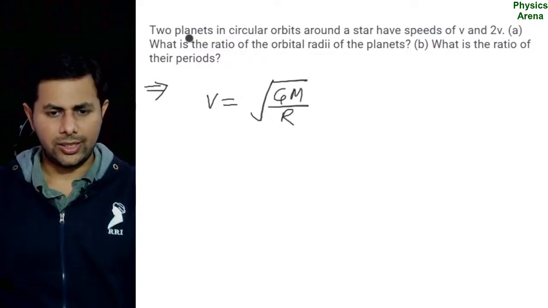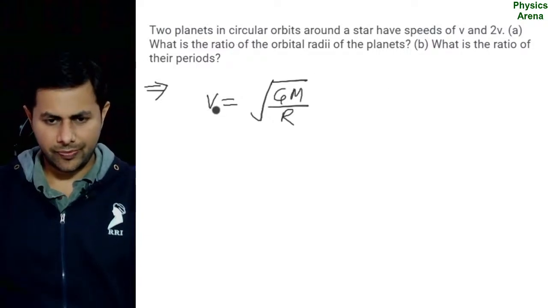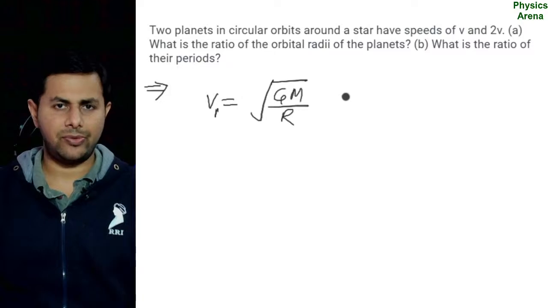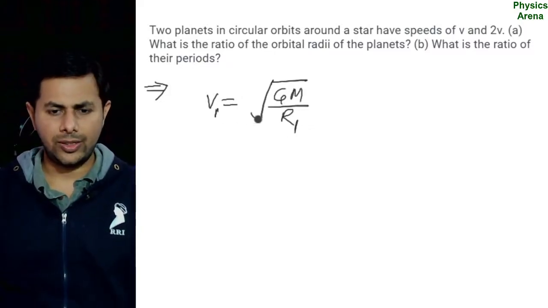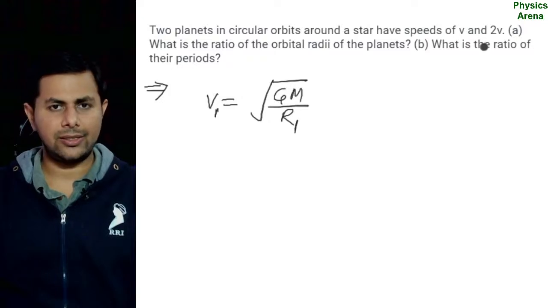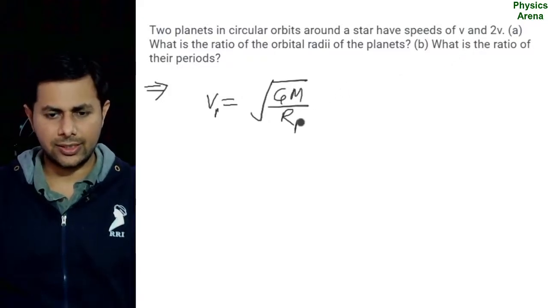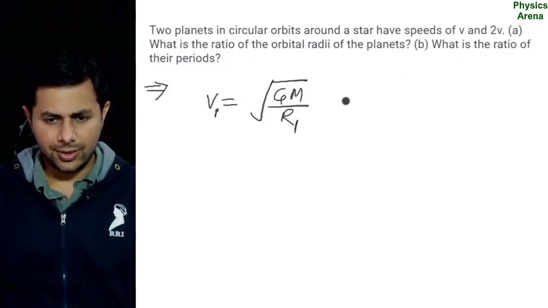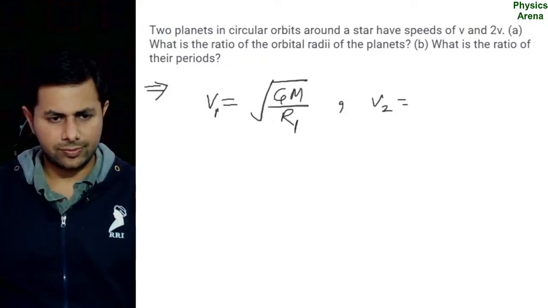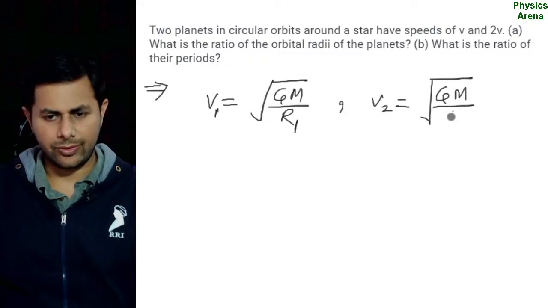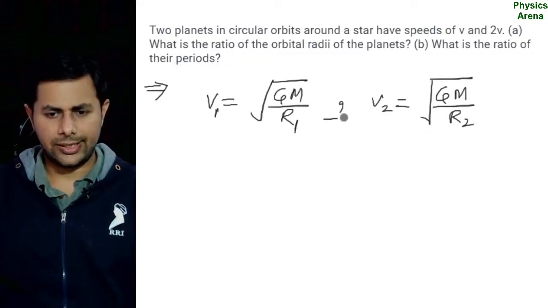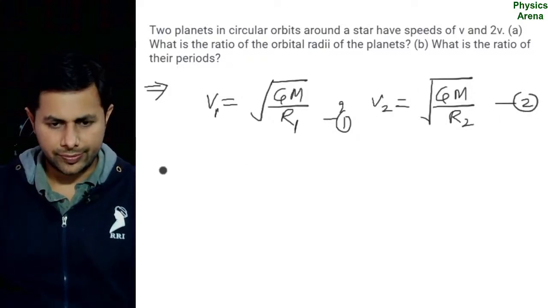Okay, so there are two planets. Let's suppose the speed of the first planet is v1 and its radius is r1. The speed of the second planet is v2 and its radius is r2. So v2 equals the square root of GM over r2. Let's call this 1, this is 2, and let's divide 2 by 1.